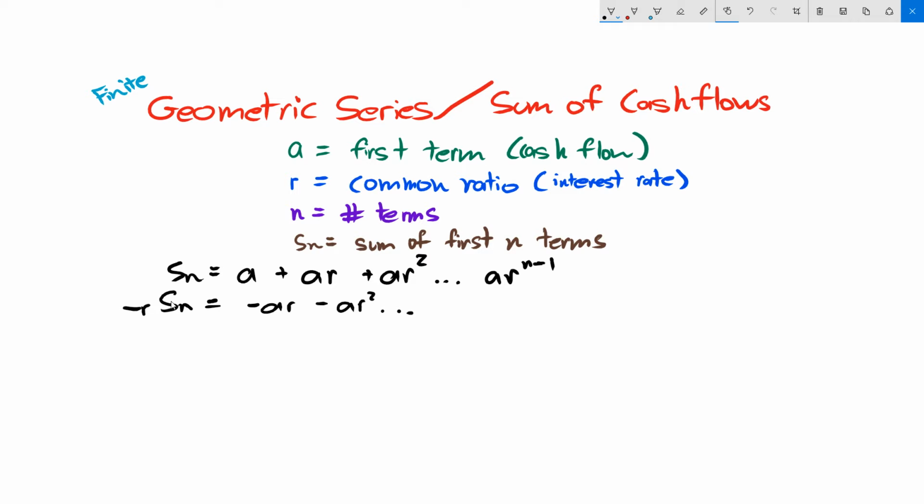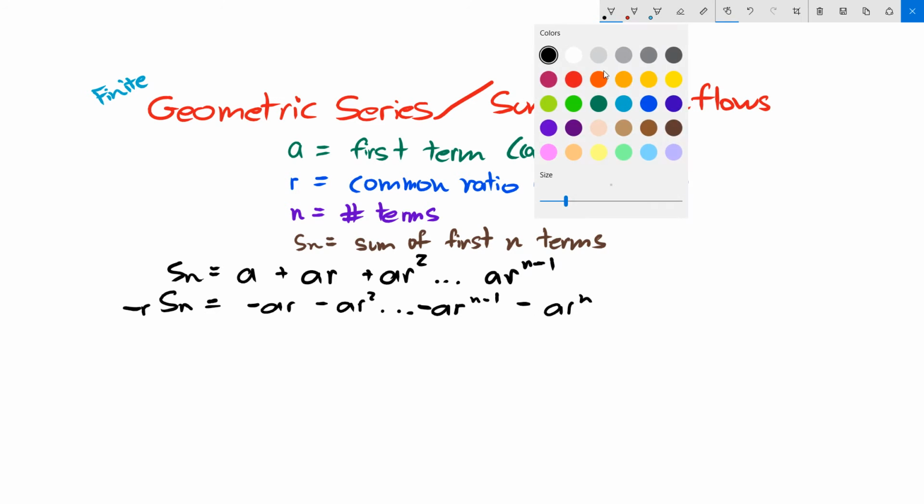And this is going to continue, and we're going to go one term before this, and that's going to give us a times r to the n minus 1. And then finally we're going to have negative a times r to the n, because r to the n minus 1, if you times that by r, that gives you a times r to the n.